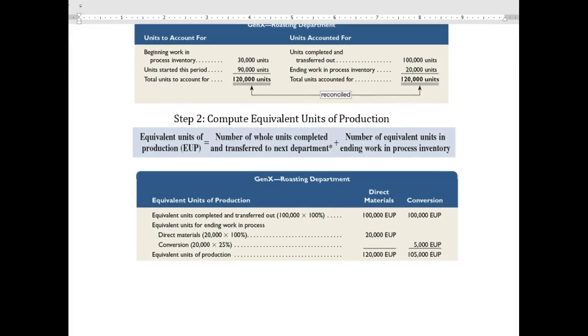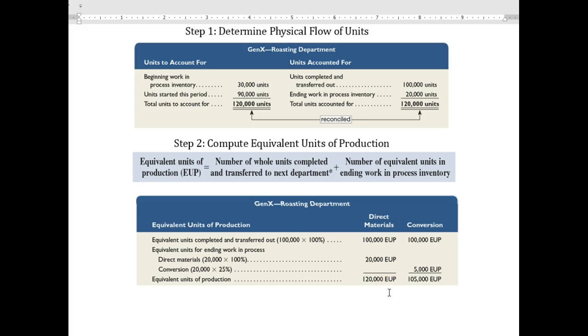So now I have to figure out equivalent units of production. And that's where those percentages come in handy. For the ones I transferred out, everything's 100%. So direct materials, I have 100,000 complete. Conversion, I have 100,000 complete. What's left? My ending work in process? Well, I have 20,000 at 100%, so I have 20,000 in direct materials. But my conversion costs, I have 20,000, but only 25% of that can be considered complete.